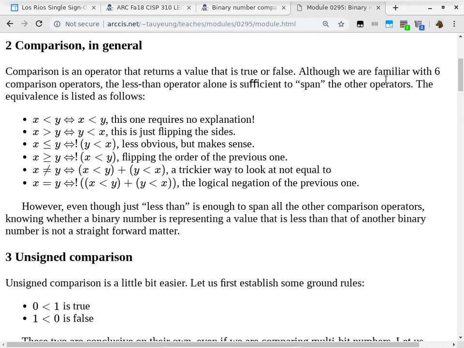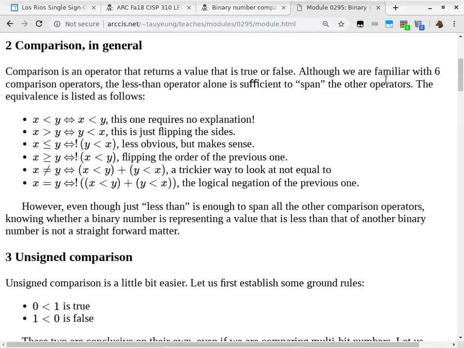Well, as long as x and y are numbers or integers, x being different from y means x is less than y or y is less than x, right? So once again, we boil down the comparison operator to just less than, but this time we need a logical operator to help us out.